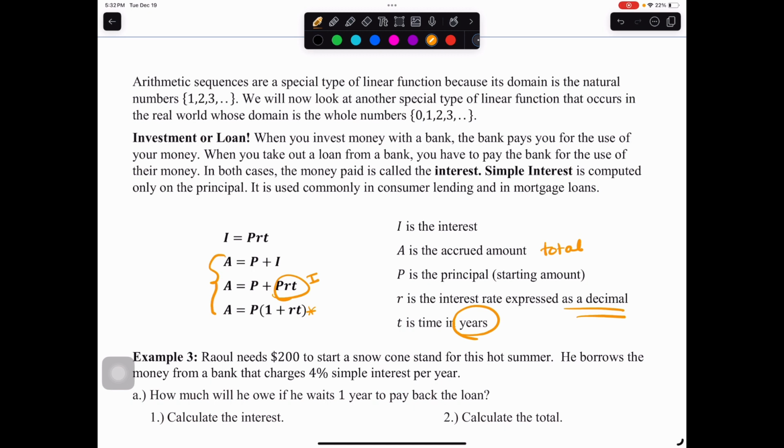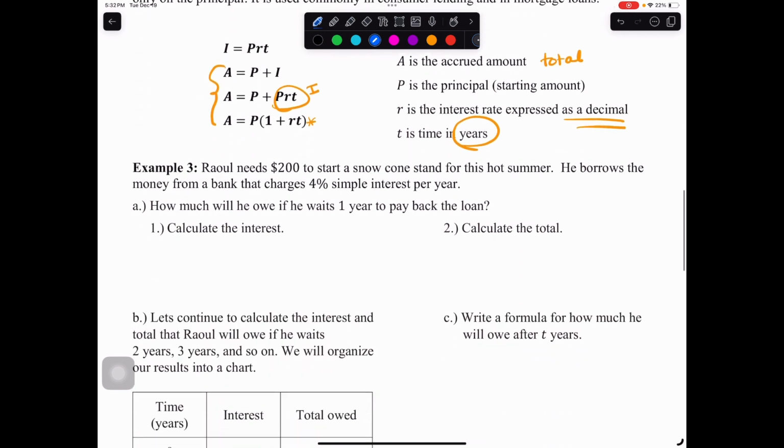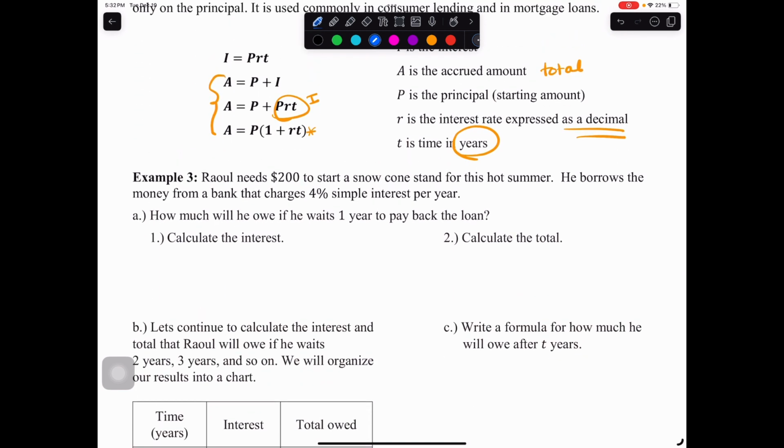So let's look at example 3 together. Raul needs $200 to start a snow cone stand for this hot summer. He borrows the money from a bank that charges 4% simple interest. First of all, 200 is what he borrowed. That's the principal, the starting amount.